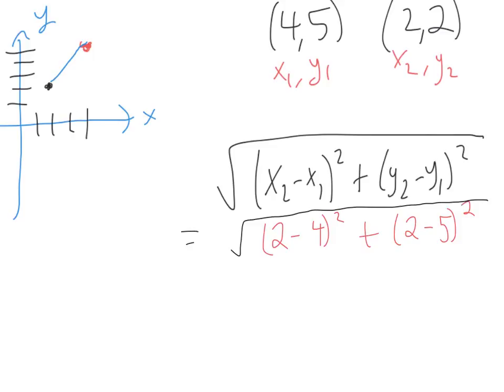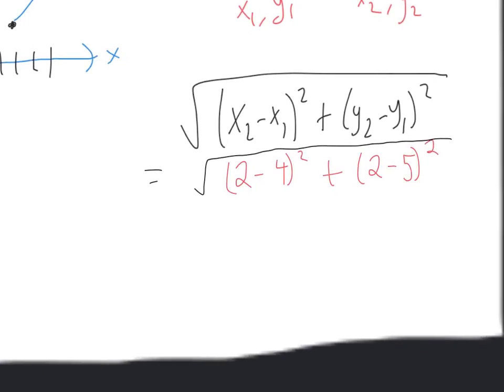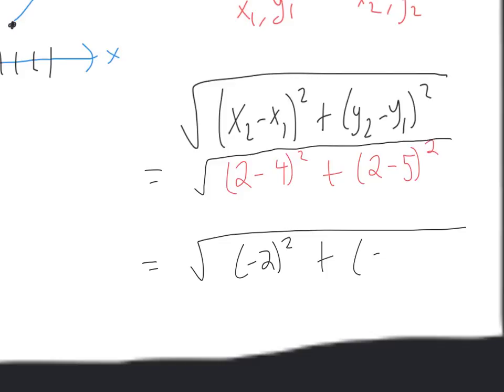So let's go ahead and simplify that down a little bit. 2 minus 4 here is going to be negative 2. So this is equal to the square root of negative 2 squared plus negative 3, because 2 minus 5 is negative 3, squared.